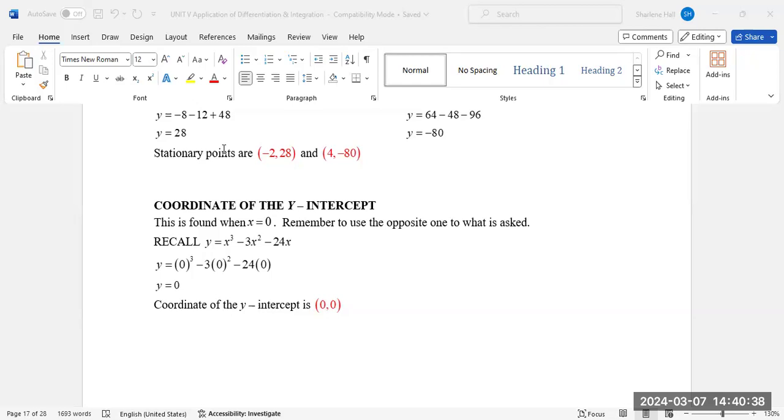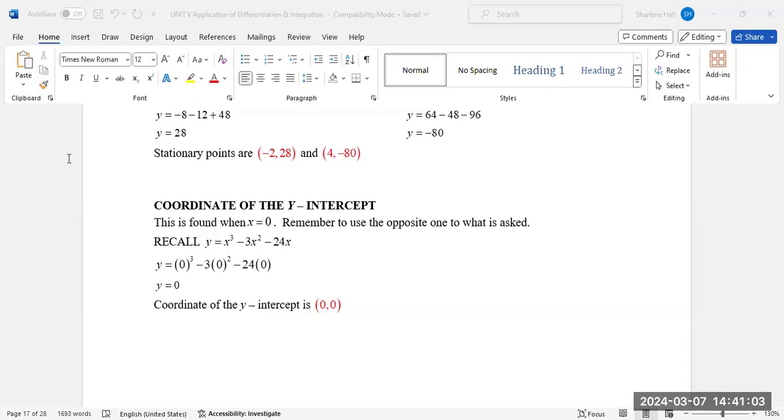Okay. All right, I think I know what you're talking about. Is negative 2, 28 the maximum point or the minimum point? Watch your screen. I'll point it out.